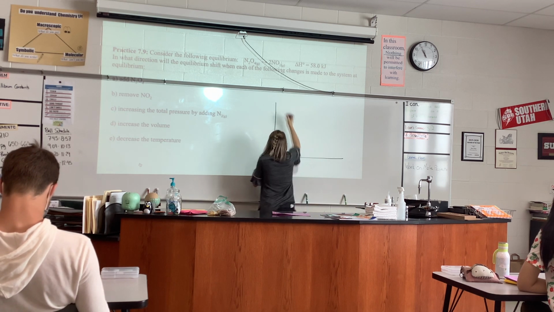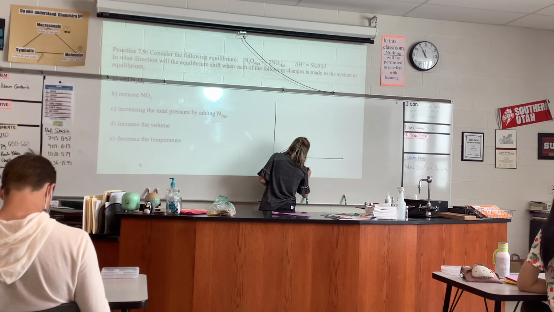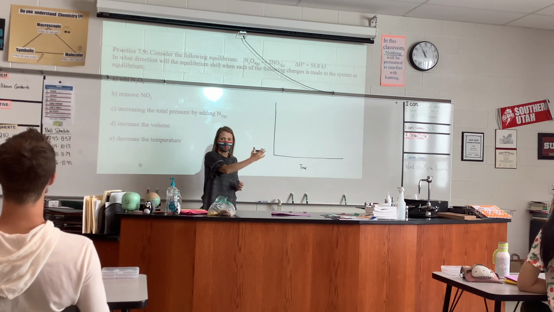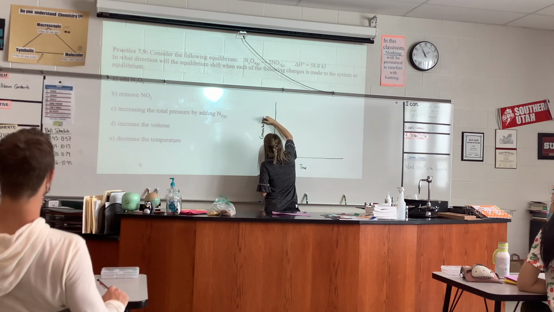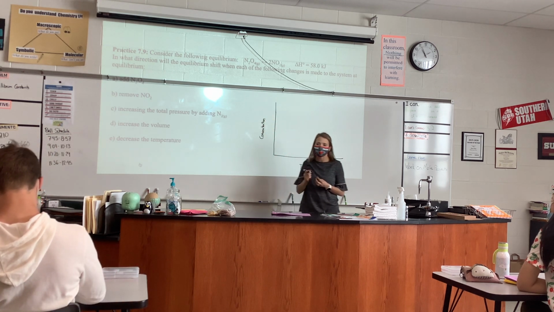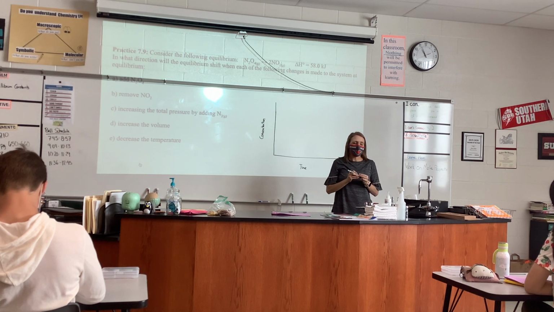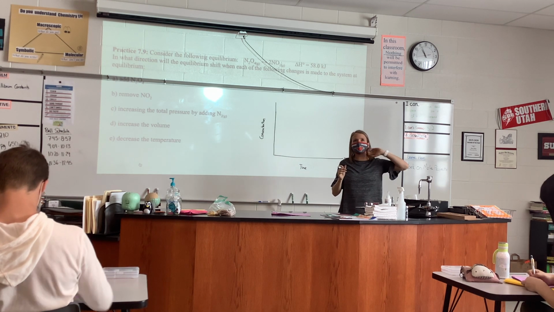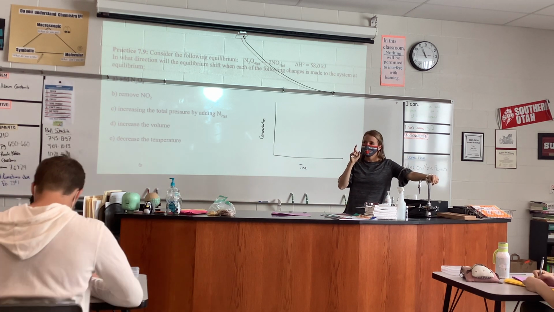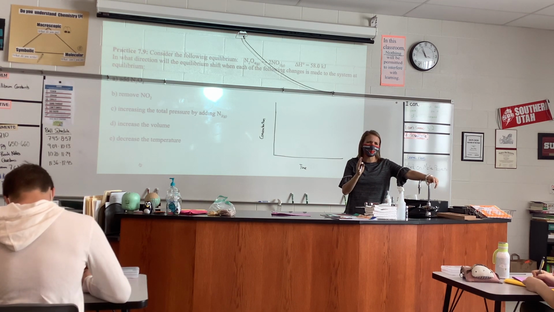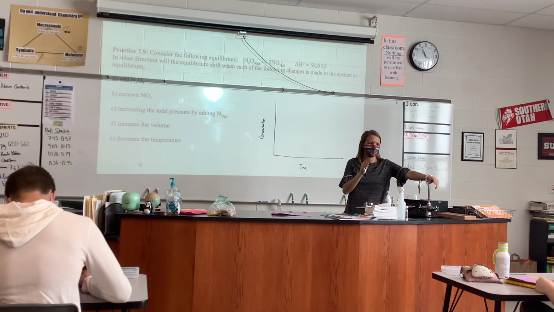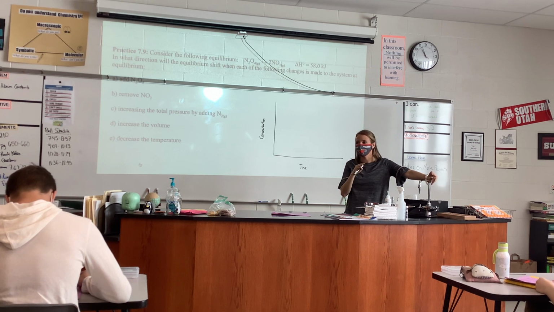So first off with these graphs, the x-axis is time as it's progressing. The y-axis is concentration. Now, what you need not stress about on these graphs is the numerical values of your graph placement.